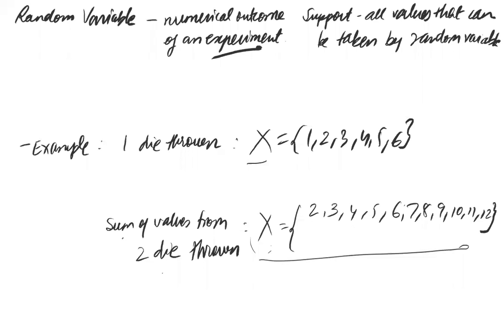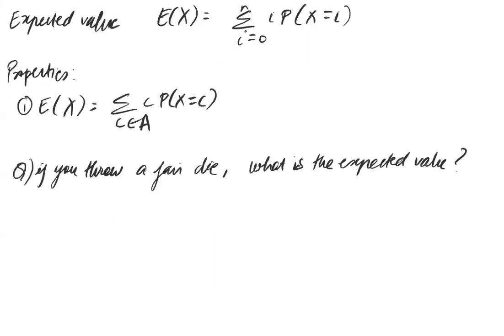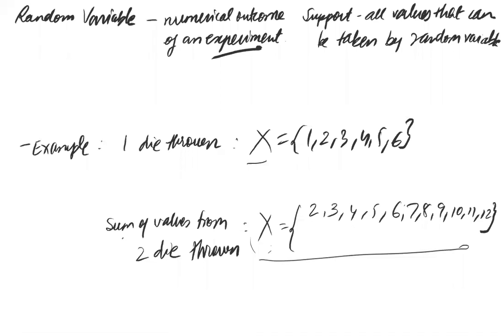Next thing is, oh yeah, just one more thing that I would want to add about random variables: there are two types, discrete and continuous. Discrete is where you can list down the values, and continuous is like between a particular range. I'll just take textbook examples here.